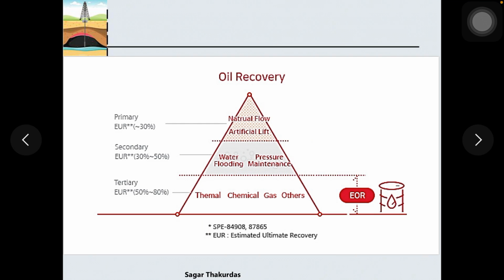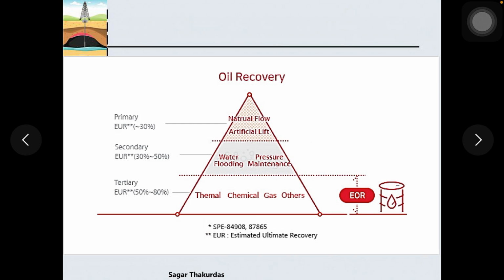You might see that certain authors and books say that the primary recovery is 10% or 20%. So it varies from study to study. Second contribution is from secondary recovery 30 to 50%, and highest contribution towards the production is by tertiary recovery methods. So you can just have a broad idea about the importance of these recovery methods.